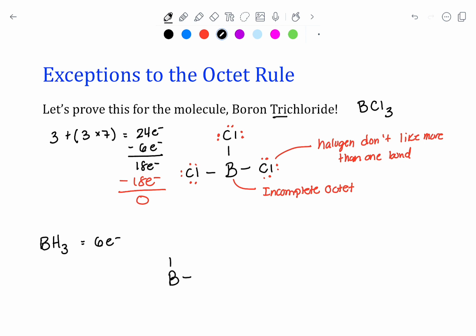So BH3 looks like this. I use up all 6 of my electrons making the bonds, but this is an acceptable structure because I just don't have any electrons left over. Okay, so boron is one of those that is fine having an incomplete octet.